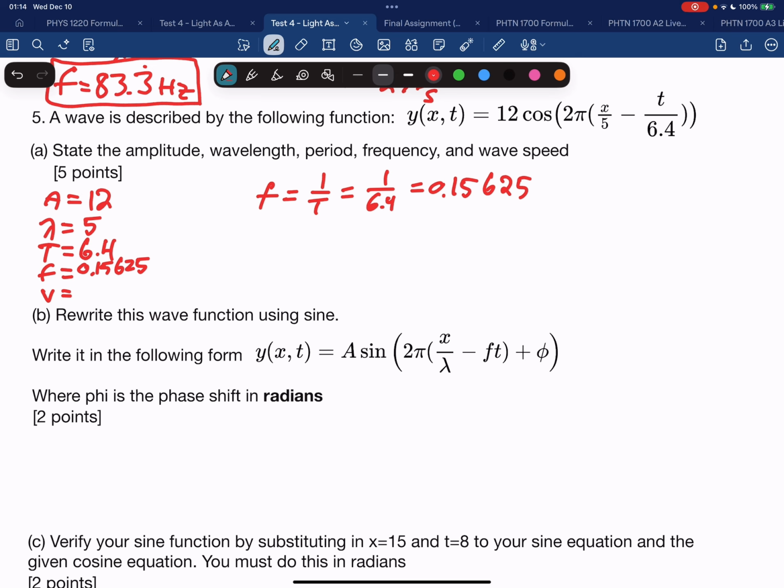And lastly, finding the wave speed here, we get frequency times wavelength, which is that decimal we just found, multiplied by our wavelength, which is 5. So this gives us 0.78125.